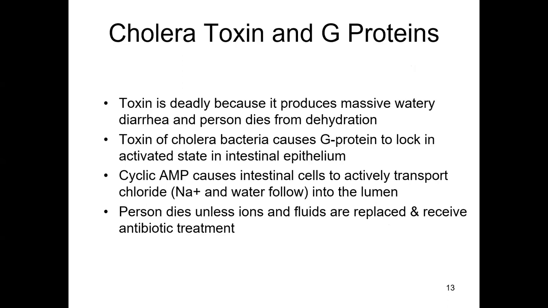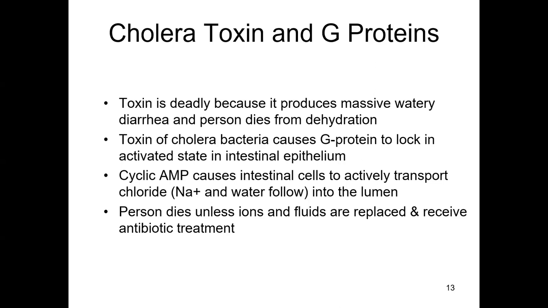In our intestinal epithelium, there are cells that are programmed to create intestinal juice as a consequence of a local hormone action. That hormone acts through a G protein activated pathway like we've seen before.